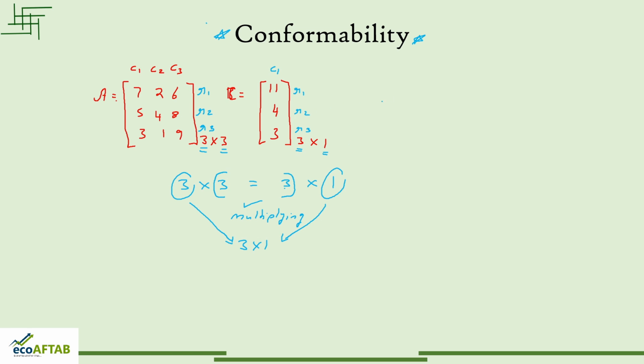Shall we see, is it possible to multiply it? Yes. So matrix A multiplied by matrix C, we can write it like this. So remember friends, all the elements of this column should be multiplied by this particular row. So R1 should be multiplied with C1. So 7 into 11, 7 multiplied by 11 plus 2 multiplied by 4 plus 6 multiplied by 3.